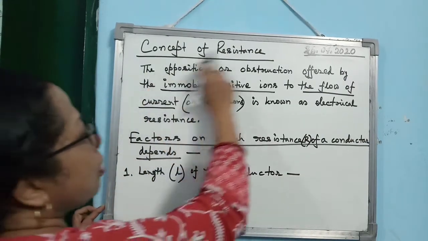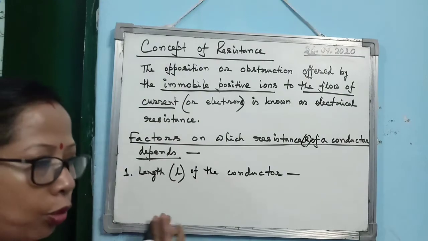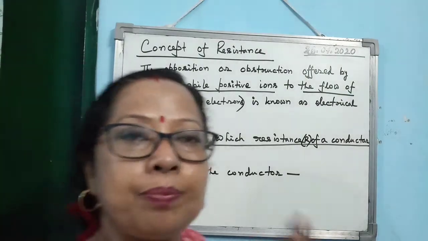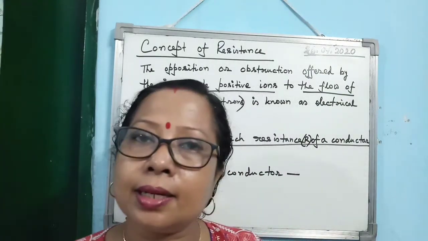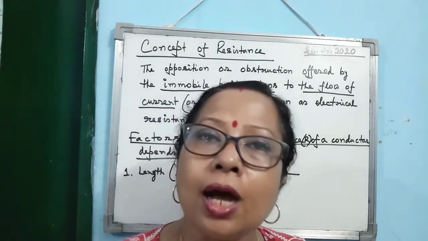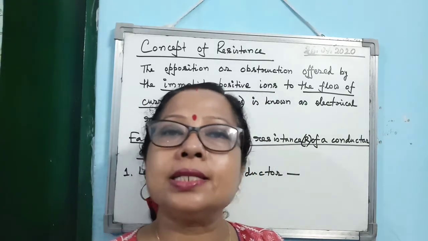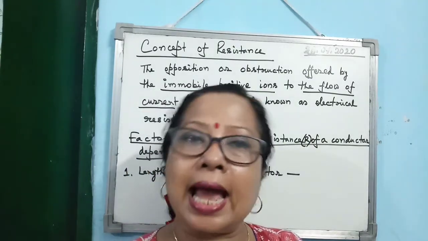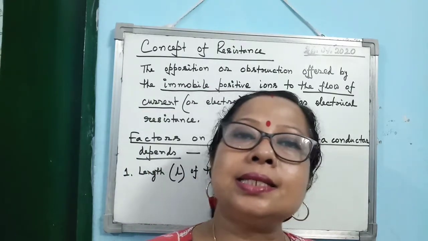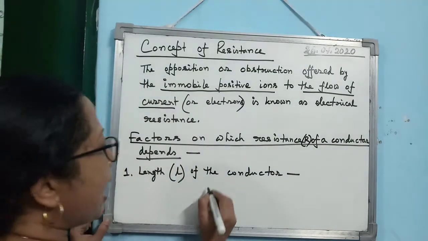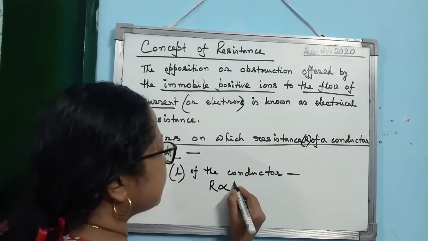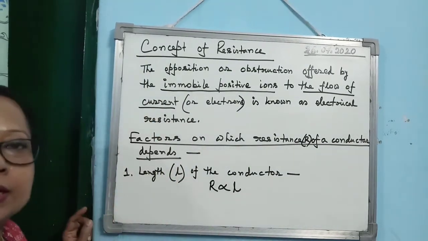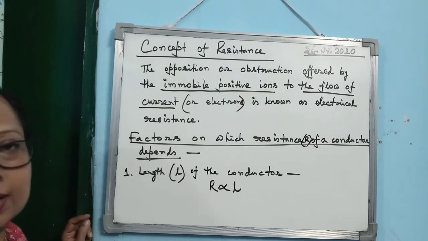Now from this concept it is clear: the more the length, the more immobile ions present, so the more the opposition. If you increase the length, resistance will increase, and if you decrease the length, resistance will decrease. So resistance is directly proportional to the length of the conductor.